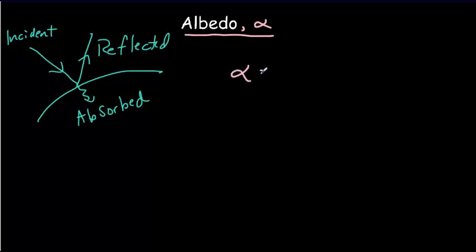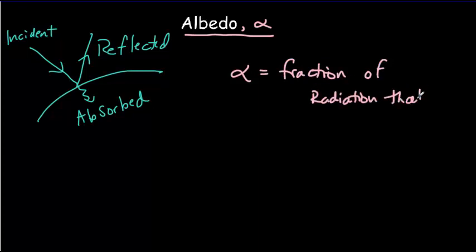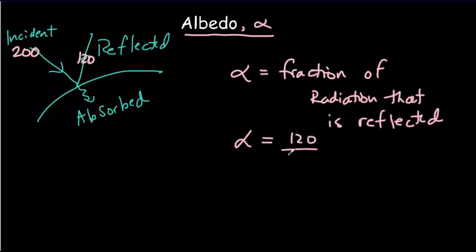The albedo is equal to the fraction of radiation that is reflected. So maybe there's 200 units of incident radiation and 120 units are reflected. That would mean our albedo is 120 all over 200, which would be 0.6.